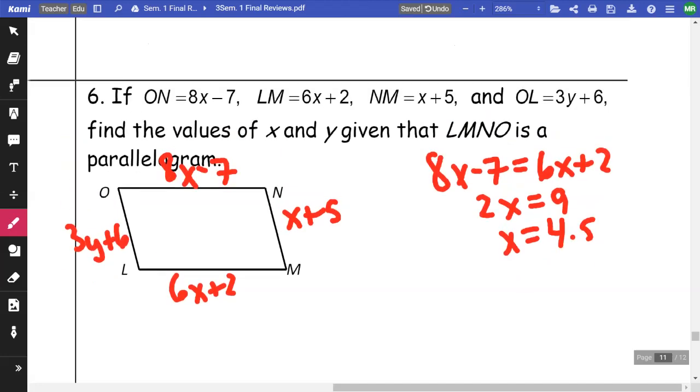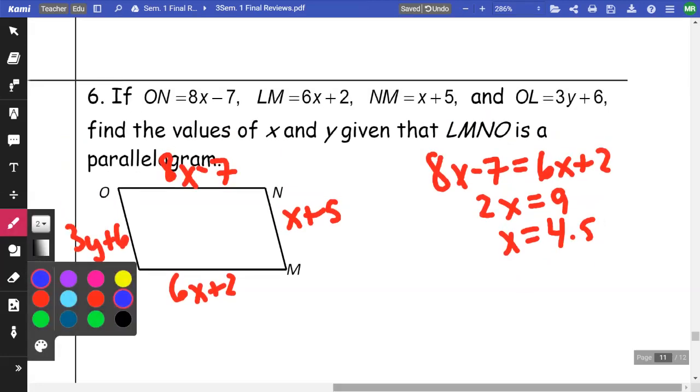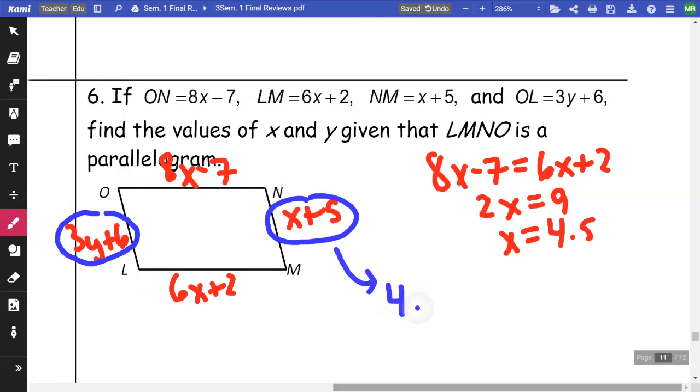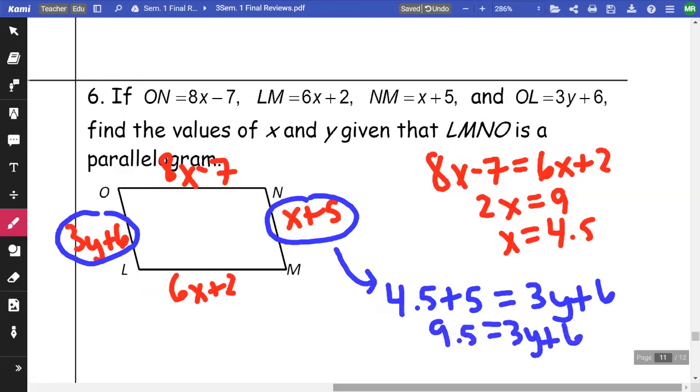Sorry, I didn't mean to move that. Okay, and now I'm going to be taking these two, this one here and this one here, and I know that they equal each other, and so I know that this is 4.5 plus 5 because I just got that answer for x, and these two things need to be the same, so I'm going to have 9.5 equals 3y plus 6.